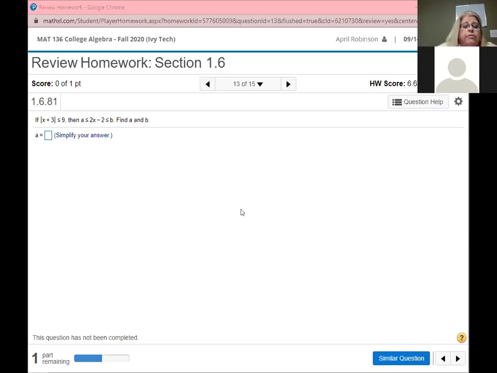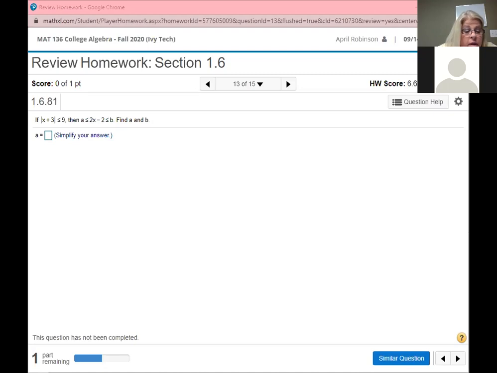Well, I don't know why they gave you this part. Okay, well, it looks like I just need to solve this. Find A and B, which A is less than or equal to 2x minus 2, which is less than or equal to B. Oh, okay, hang on. I know what they're doing. I see the craziness. Okay.